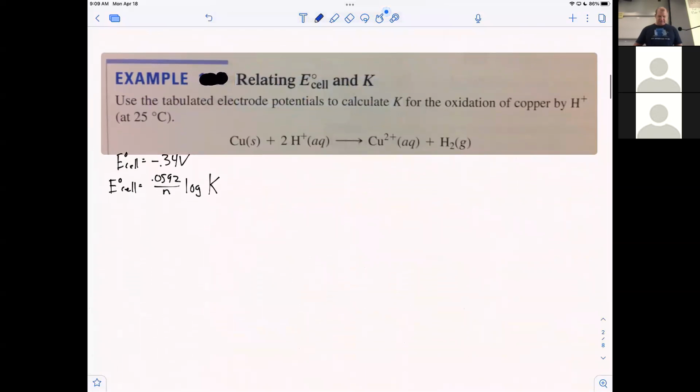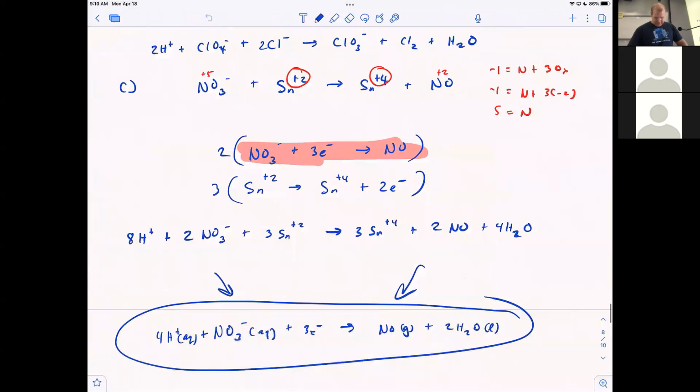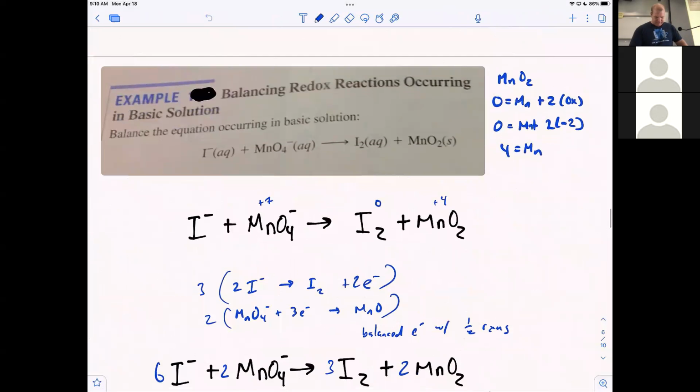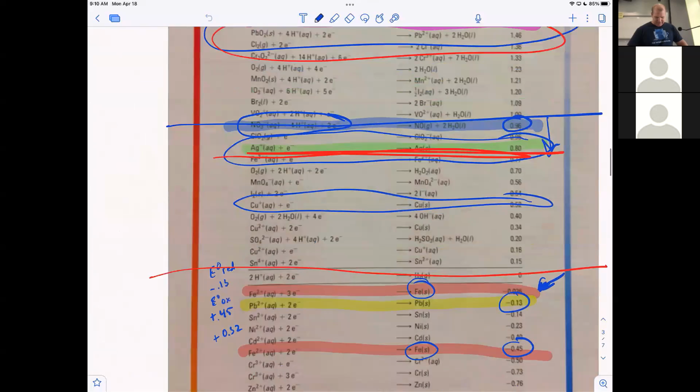Let's use the tabulated cell potentials to calculate the equilibrium constant for the oxidation of copper by acid at 25 degrees Celsius. So copper metal plus 2 H+ ions makes Cu2+ aqueous plus hydrogen gas. First of all, if you remember the standard cell potentials, maybe I can even go to that. 20B, when we were looking at the standard cell potentials.